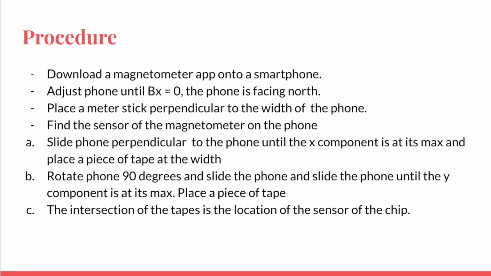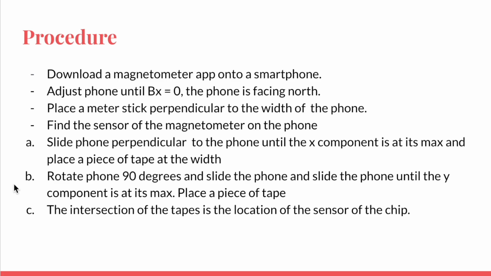So this experiment is done by first downloading a magnetometer app onto a smartphone, and you're going to adjust the phone until the magnitude, or Bx, is facing north, and Bx is 0. Then you're going to place a meter stick perpendicular to the width of the phone, and then find the sensor of the magnetometer on the phone.